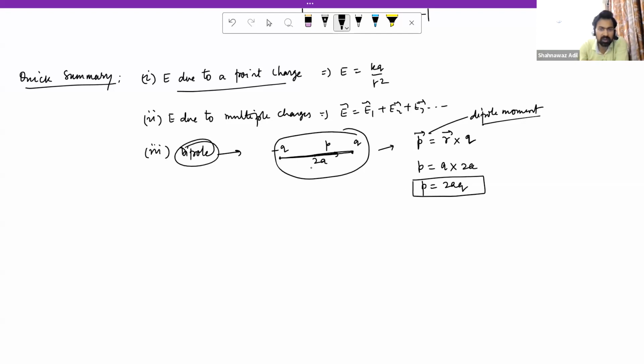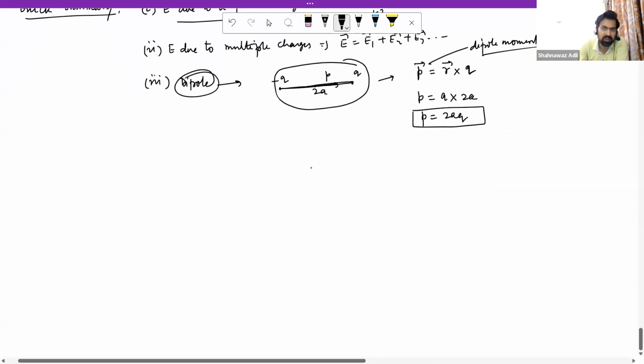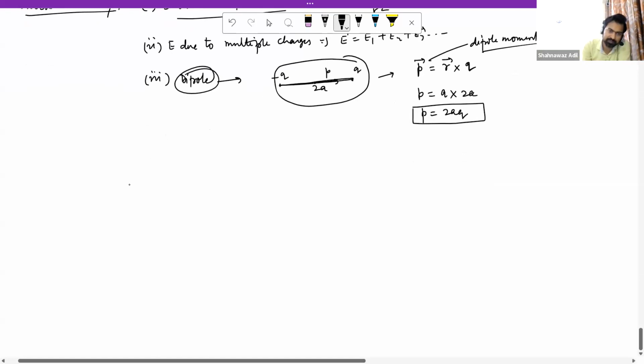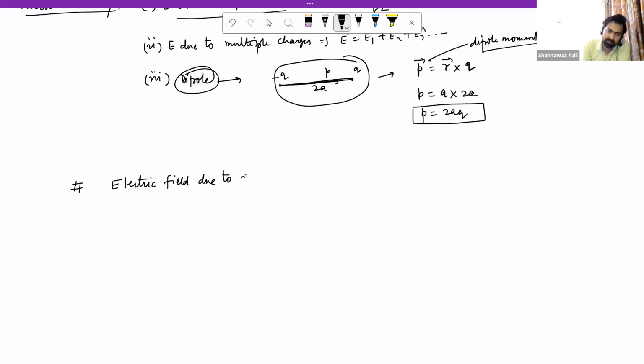And then we were talking about the electric field. We were discussing what the electric field due to a dipole is at axial and equatorial points.